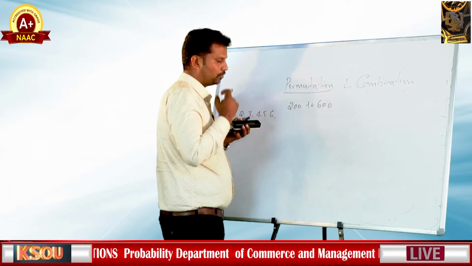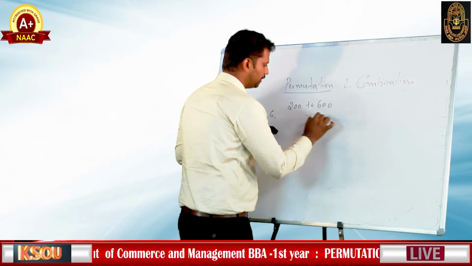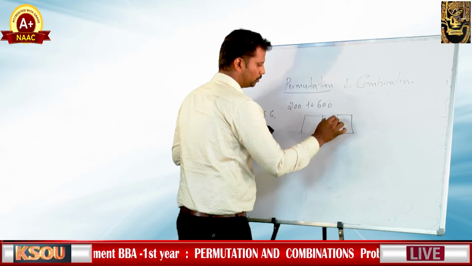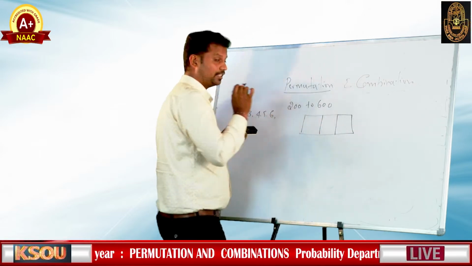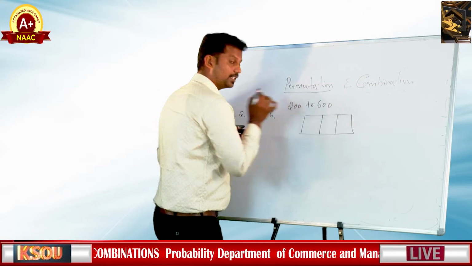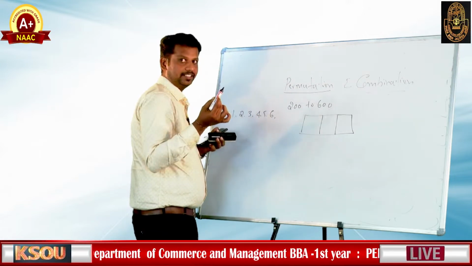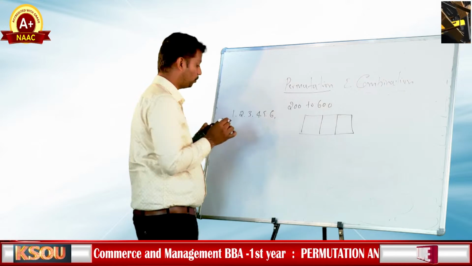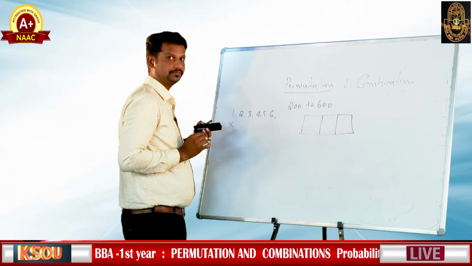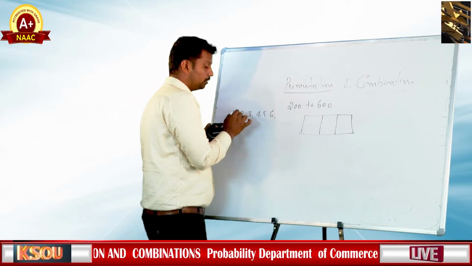First you should frame the table. Here there are 3 digits. The first digit: if it is 1, the number is less than 200, so we do not take it.